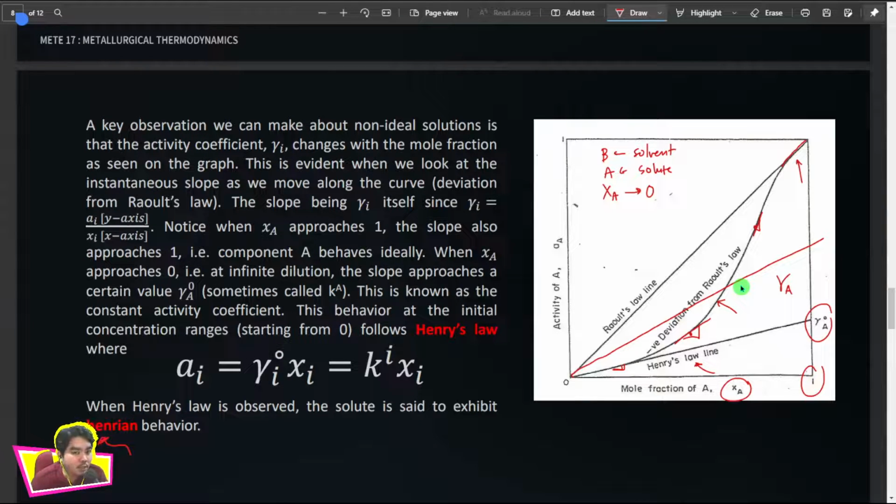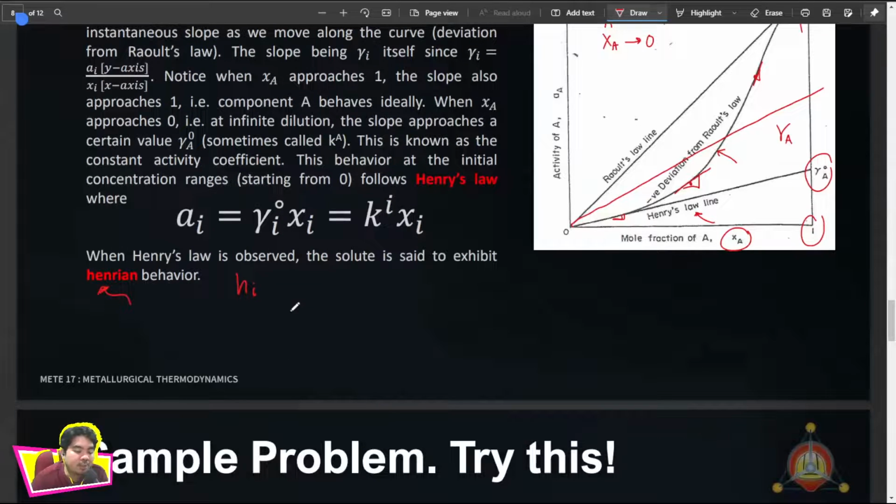And yung Henryan activity we'll discuss more about it sa next na lesson natin, which is next week. Tapos magko-compute tayo ng mga Henryan activities as opposed to just the normal thermodynamic activity, no. And Henryan activities are given the symbol h. So whenever you see h, ibig sabihin nun Henryan activity.